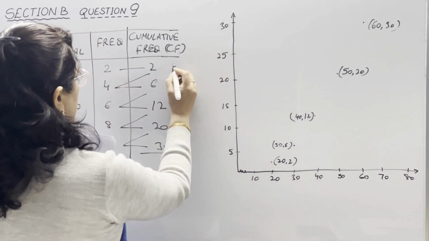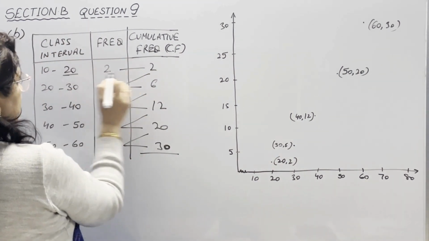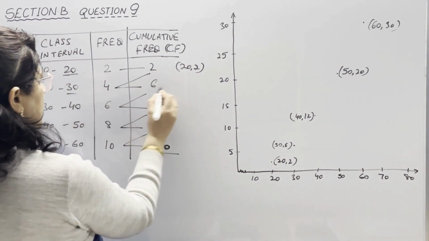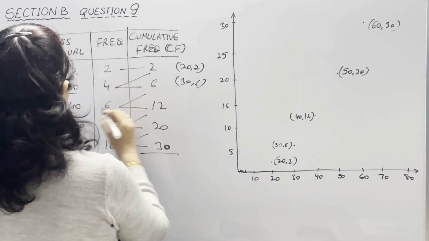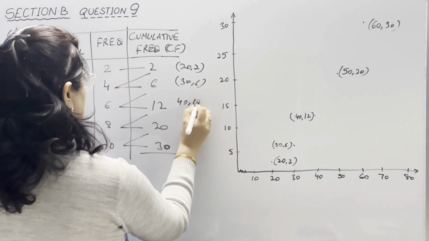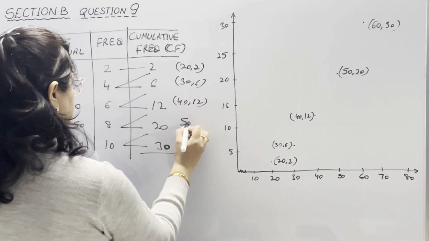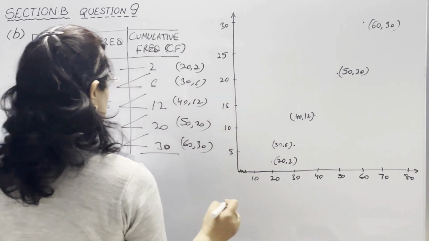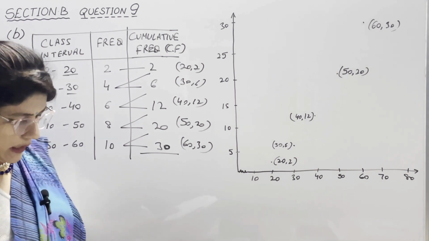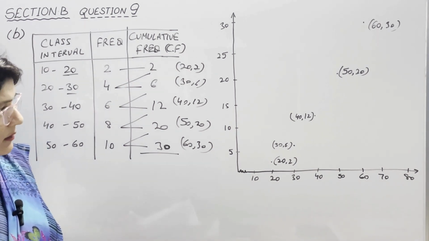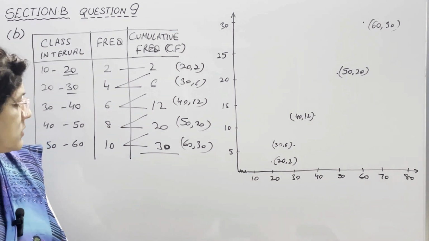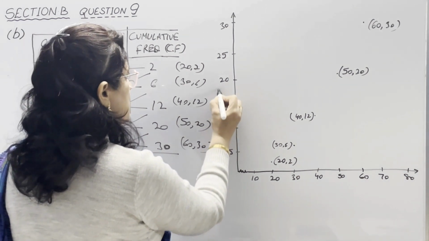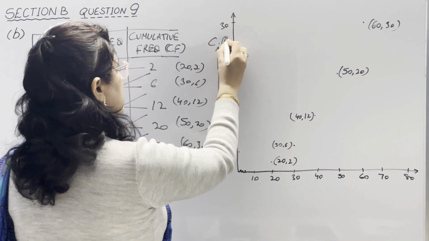Now we need to plot the points, upper limit of this and this. So 20 and 2, 30 and 6, 40 and 12, 50 and 20, and then 60 and 30 on the graph. And on the graph, you know that on the x-axis we need to take class intervals, and on the y-axis we will take this cumulative frequency.